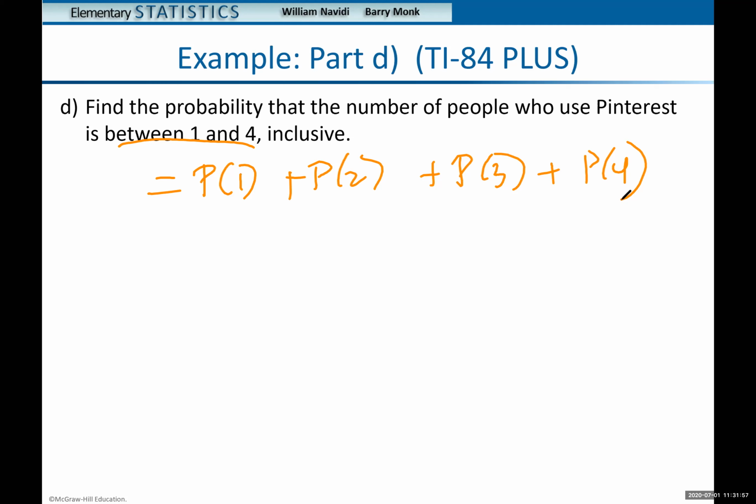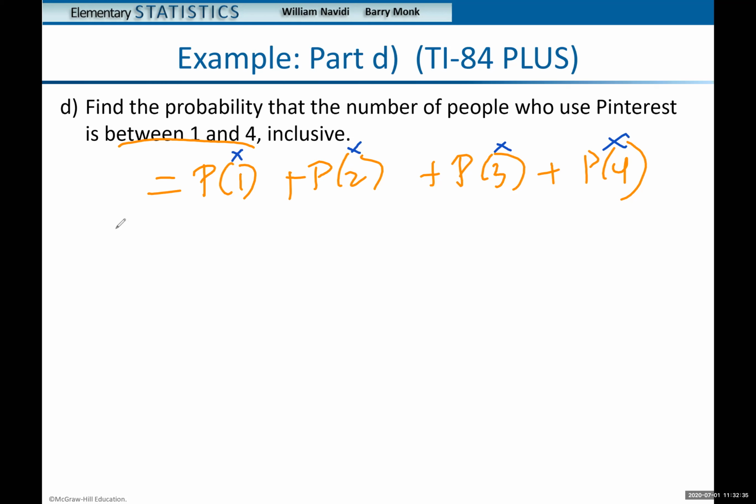Do we compute the probability and then add them all up? Yes, that's correct. But it's going to be a long one, right? You can get probability using binom PDF, binom PDF of 2, binom PDF of 3, binom PDF of 4. Okay, I'll show you. This is your X.